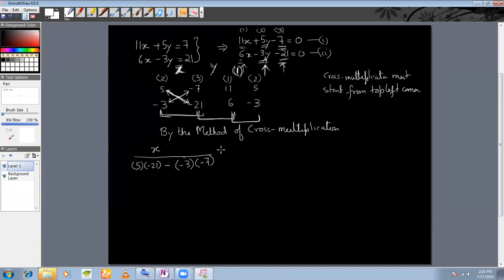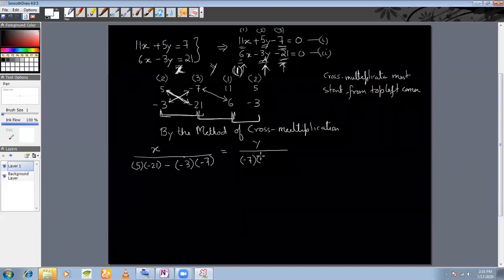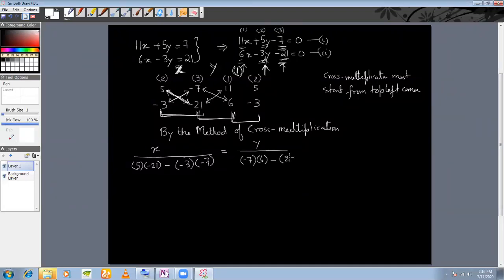Similarly for y, top left minus, and then minus the product of these two, 21 into 11, is equal to, now here I have a 1, so I'll write a 1. Why 1? Because that is the rule: x, y and 1.